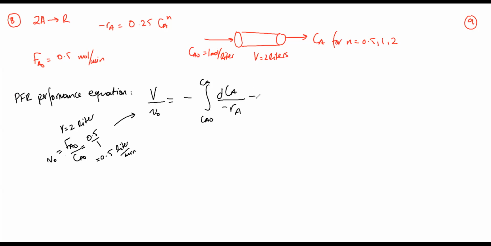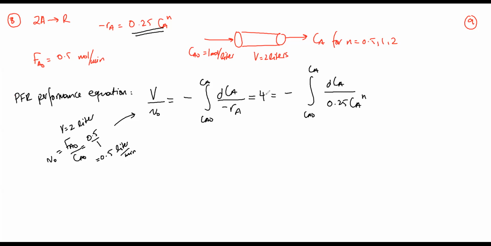Okay, so this is equal to 4, and this is equal to minus integral CA naught to CA. I'm going to plug the expression for minus RA here, which is dCA over 0.25 CA to the power n. Okay, and let's get rid of these constants.